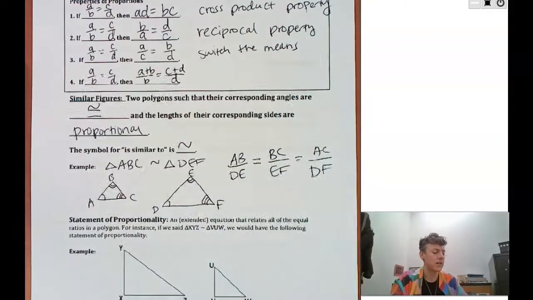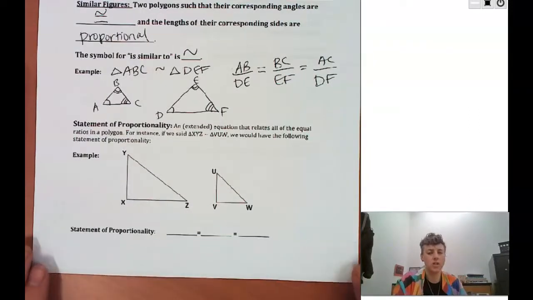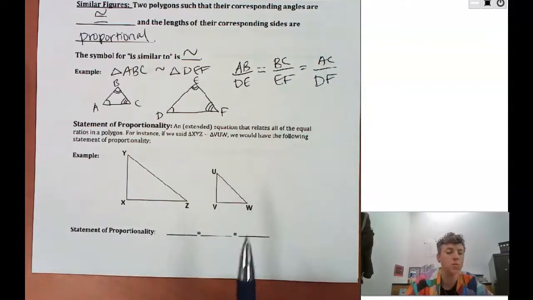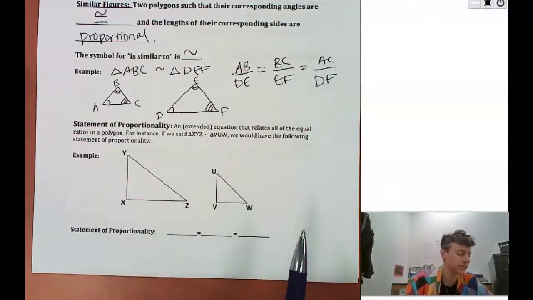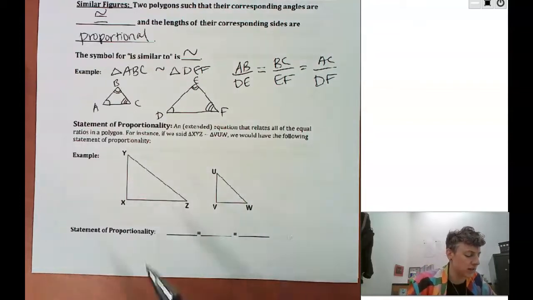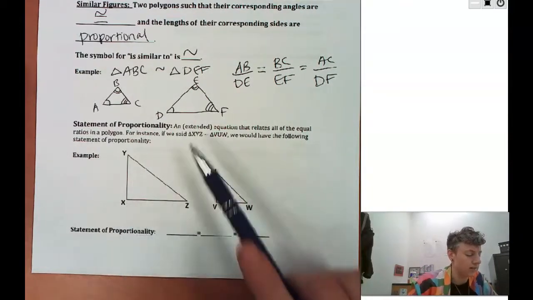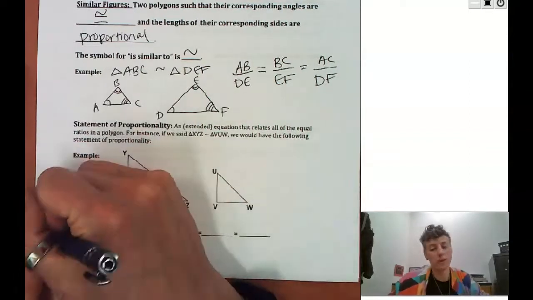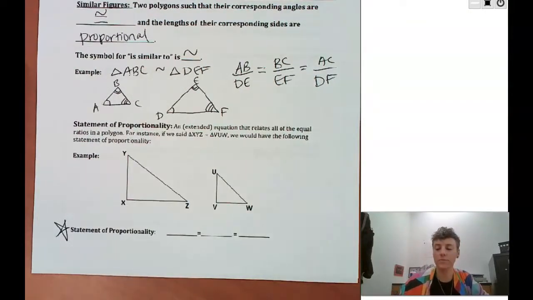That proportionality is an extended equation because it has equals that relates all of the equal ratios in a polygon. For instance, if we said triangle XYZ is similar to triangle VUW, we'd have the following statement of proportionality, which you are going to fill out because you and your big fat brains definitely know how to do that one. It'll be good practice, right?